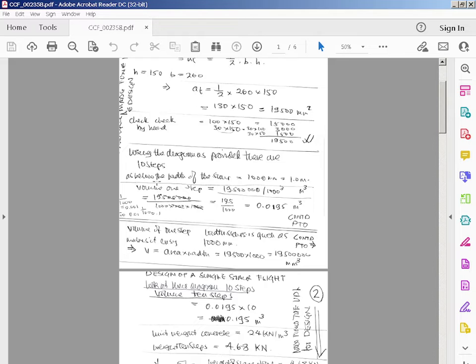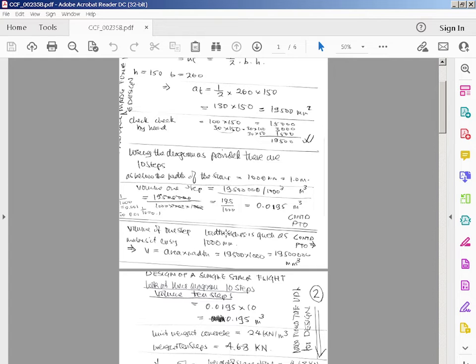The width of the stair is 1,000 millimeters, so it's 1 meter wide. So the volume of one step is 19,500 times 1,000 millimeters cubed, divided by 1,000 to the power of 3 to give meters cubed. So that gives you 0.0195 meters cubed per step, the volume of one step.